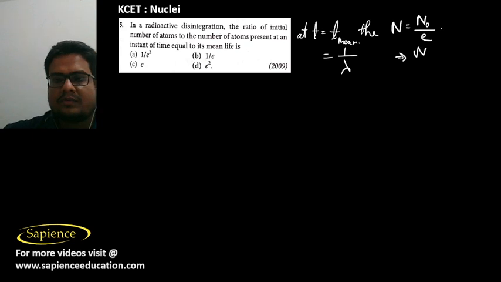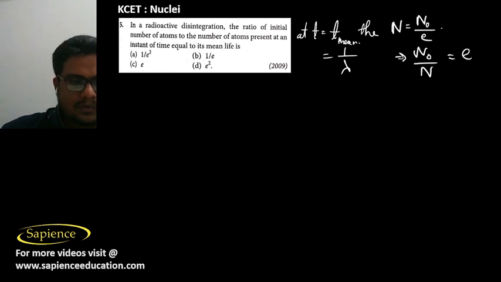So mean lifetime means what? At t equal to mean life, the number of nuclei is equal to N0 by e. The mean life is given as 1 by λ. So we have to find N0 by N, that is equal to e. So therefore option C is the correct answer.